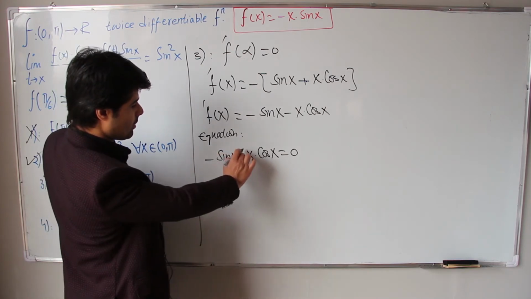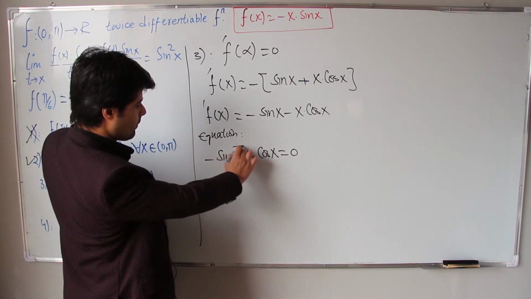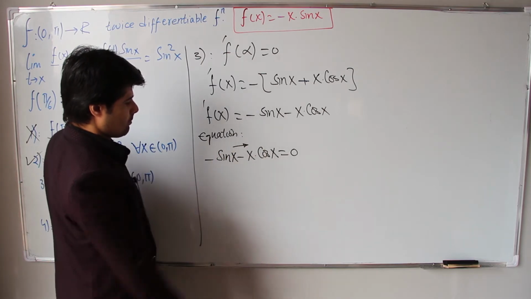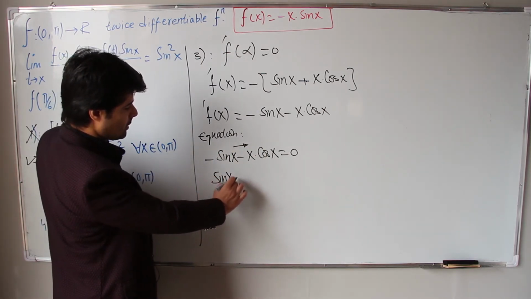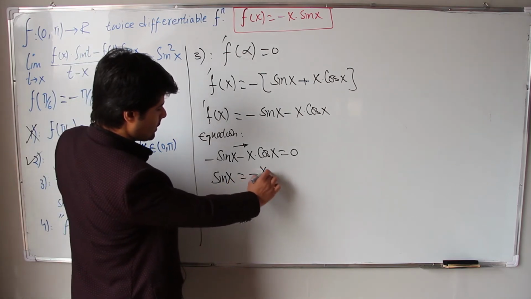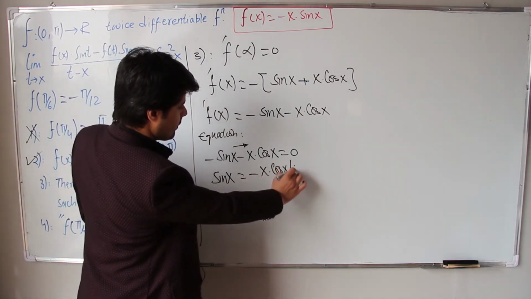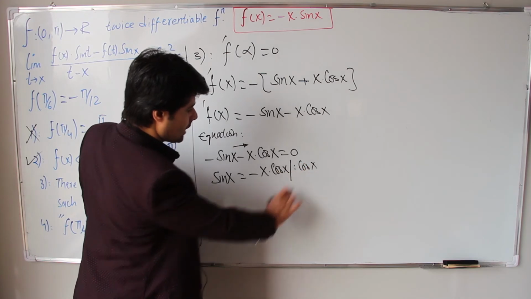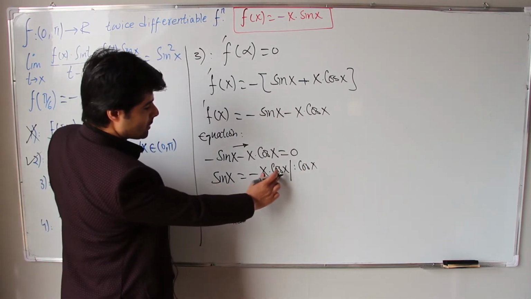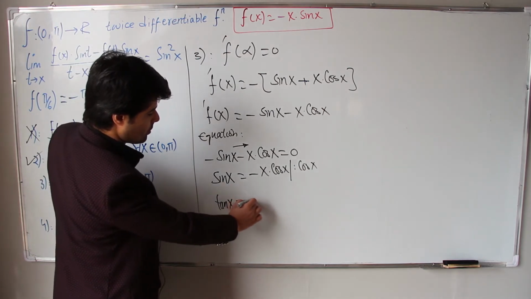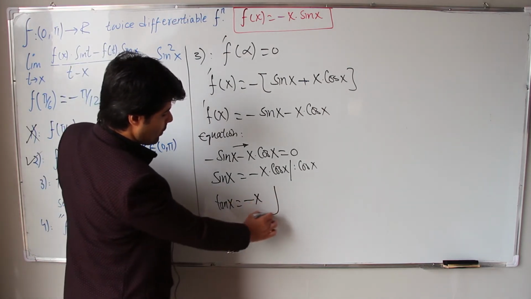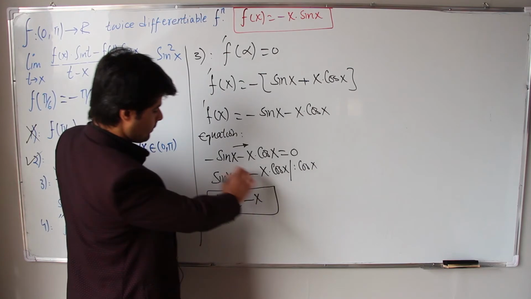I think I will put this minus sine x to the right side. It would be sine x is equal to minus x cosine x, and I will divide both sides by cosine x, so it will be sine divided by cosine, it's tangent x, is equal to minus x. Now we have this one.